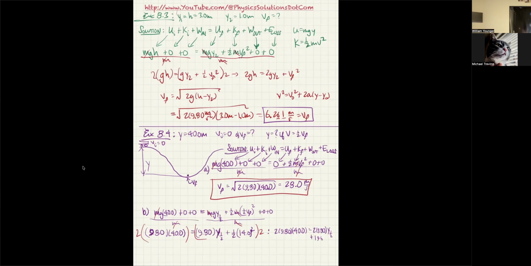So now 2 times 9.8 times 40 is equal to 784. That equals 2 times 9.8, which is 19.60, times y 1/2, and then plus 196.